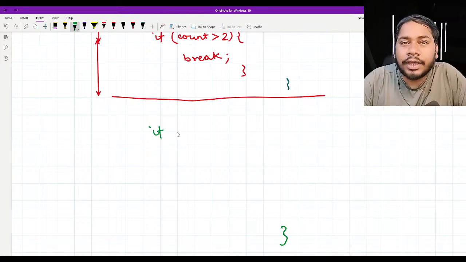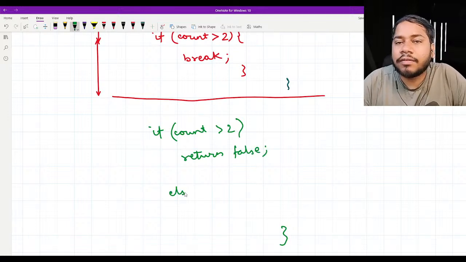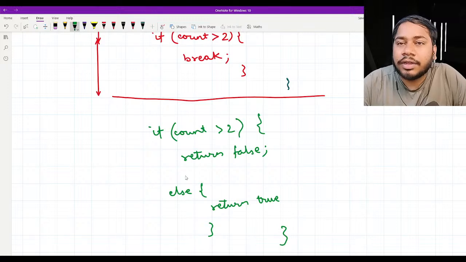And we will check here: if count is greater than 2, then return false, else return true. So the same problem we have discussed in 3 different ways.